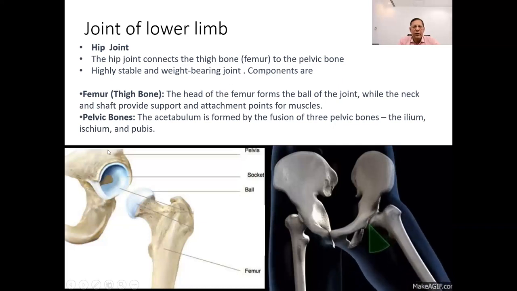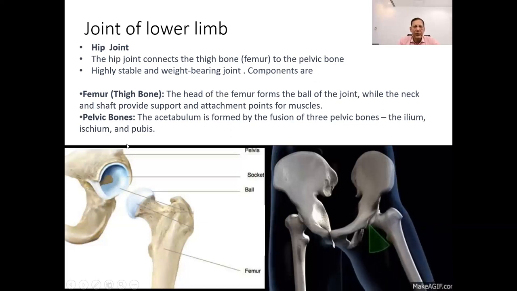It is a cup shaped socket. The hip joint articulation involves the ball shaped head of the femur fitting into this cup shaped acetabulum of the pelvic bone. It is a highly stable and weight bearing joint and facilitates a wide range of movements, including walking, running, and various activities involving the lower limbs.